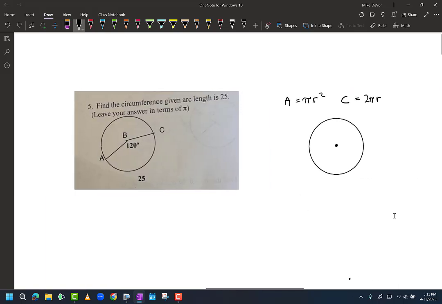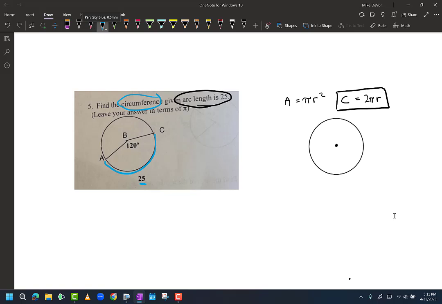Okay, so now it says find the circumference. So again, we're going to be using this idea here, circumference, given an arc length of 25. So now we know the arc length. Now notice we don't have anything here about radius, but that's okay because we do have the fraction of the entire circumference here. That fraction of the circumference is 25.